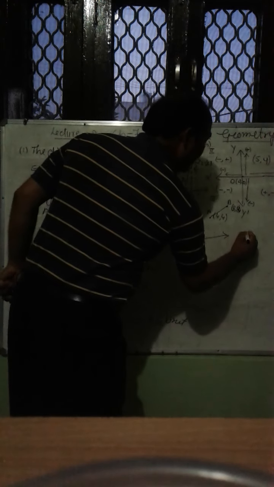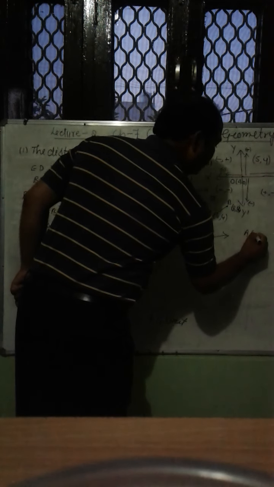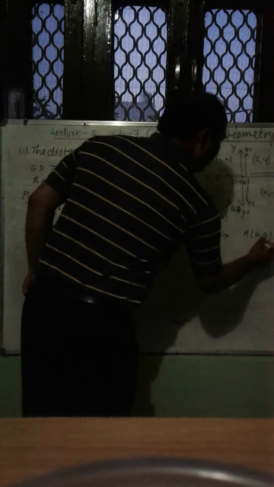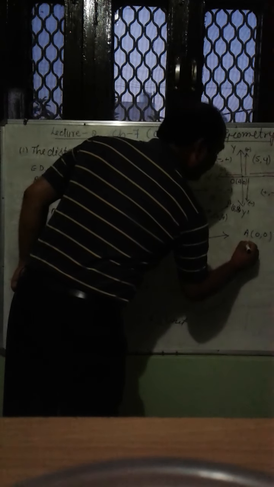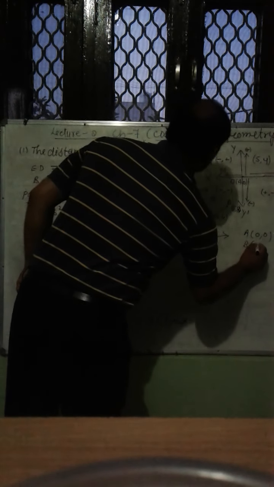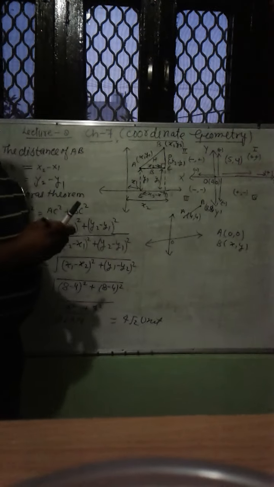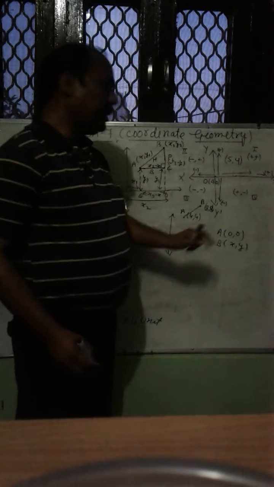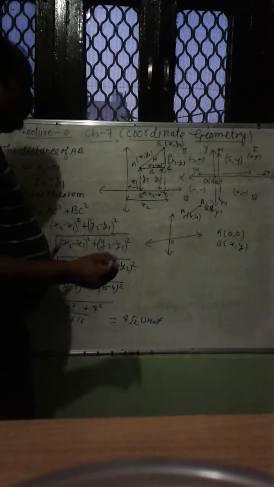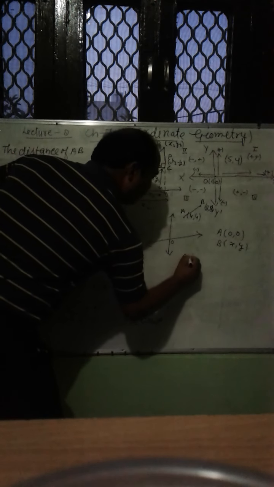Suppose the coordinate of A is 0, 0 and the coordinate of point B is x, y. Then find the distance between A and B.